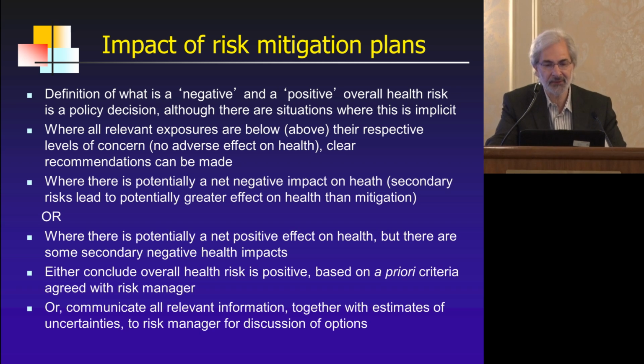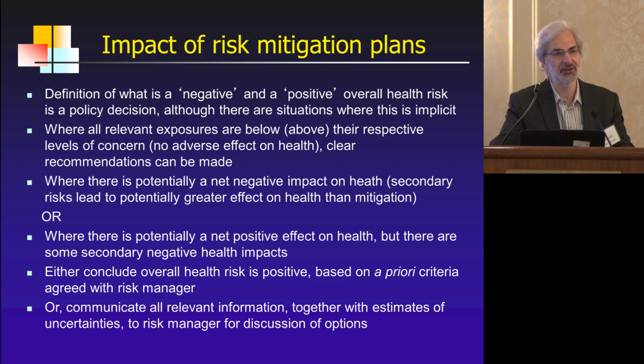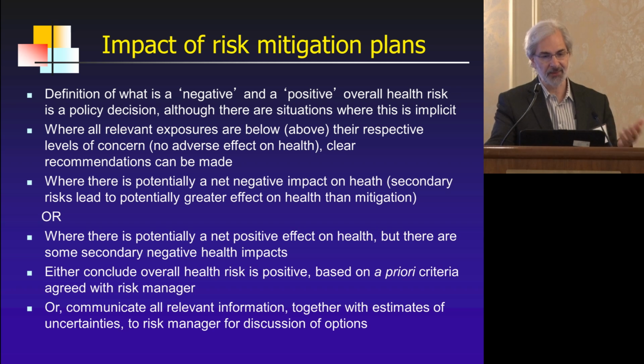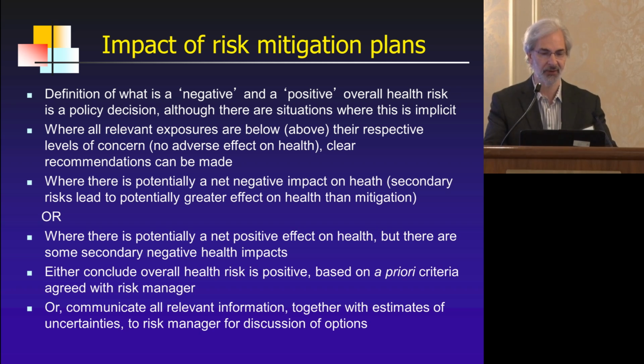So where all of the relevant exposures are below the respective levels of concern, so no adverse health effect would be anticipated, clear recommendations can be made. I've put above here because some of the relevant exposures might be essential nutrients. When you're going into secondary risks, there might be a switch to a food which is nutrient poor and you're losing a micronutrient. You have to be above the level of that micronutrient to be without a health effect.